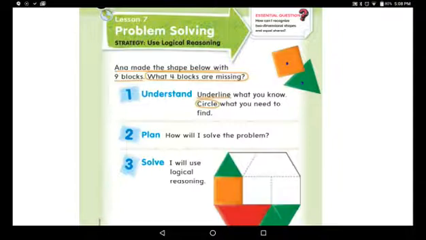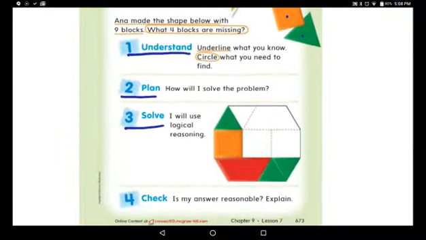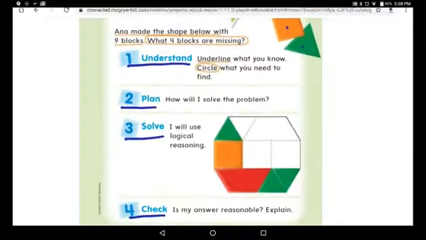Okay? Today our lesson is about shapes too. We will solve the problems together, and we will use the same strategies we used before. What is our strategy? Do you still remember it? We will first understand, second we will plan, third we will solve, and fourth we will check our answers, right?